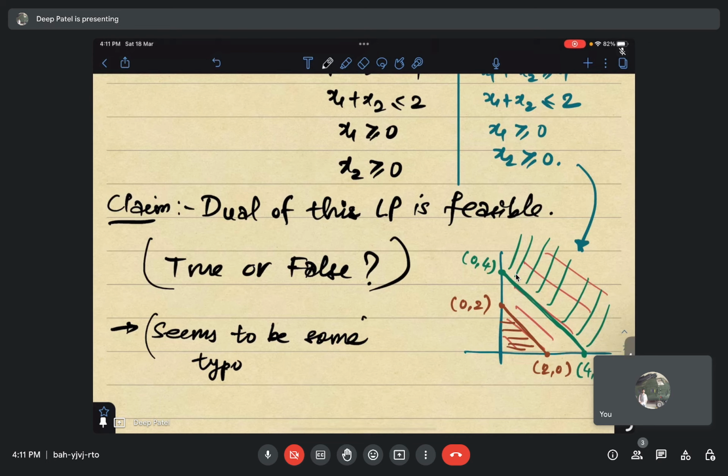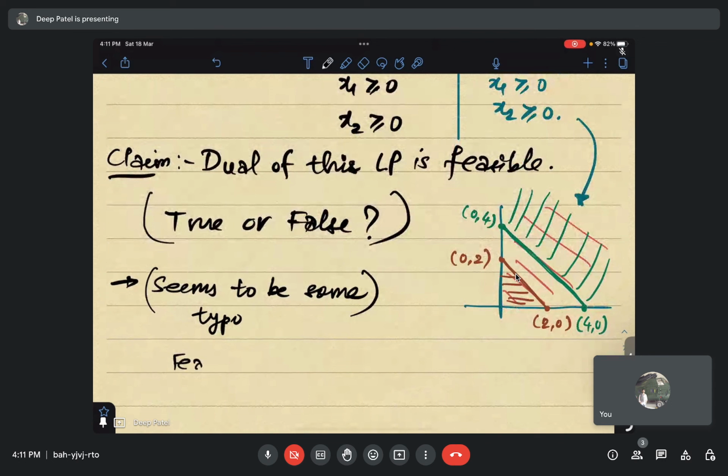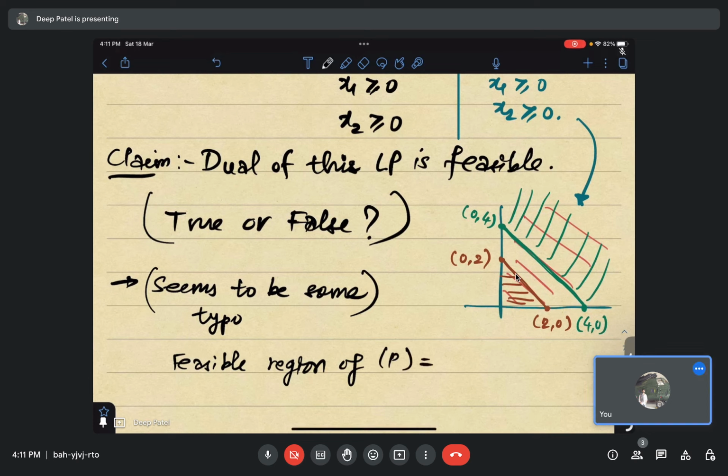But they are giving 110 as a feasible point. I don't know how. Yeah, there is some issue with this question.